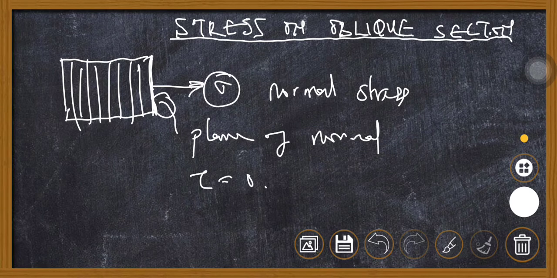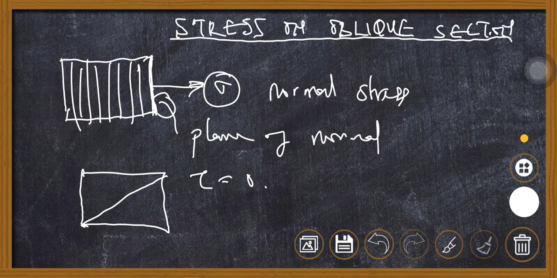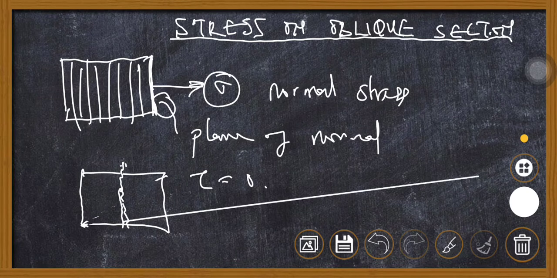Now, what about if we have something of this kind, whereby we have the plane that is sectioned at an angle? Assuming I have a section like this, which is normal to the original plane.